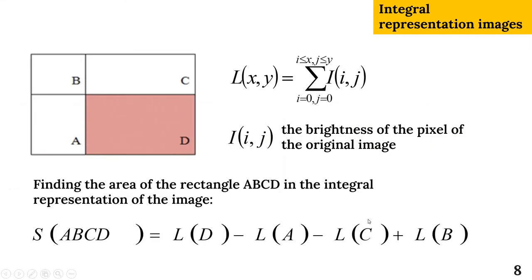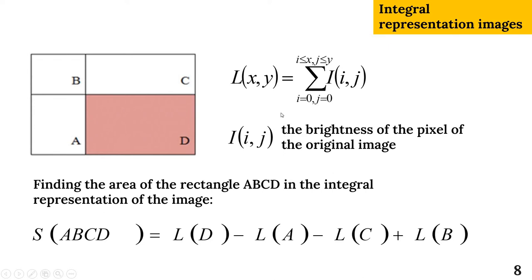In order to reduce the number of operations for computing the Haar-like features, the original image is translated into its integral representation. This view allows us to quickly calculate the total brightness of a rectangle in the image regardless of the size of this rectangle. The integral representation is a matrix whose size is equal to the original image, and the value of its element is calculated in the following way.